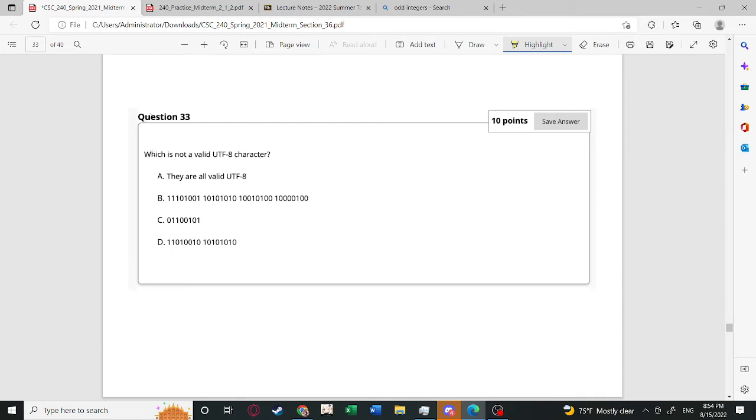So now we're going to see which is not valid for UTF-8. This one's valid because there's 3, there's 1, 2, 3, but there's an extra one. So this one is not valid. C is also not valid because the first bit is 0. D is valid. Hold on.